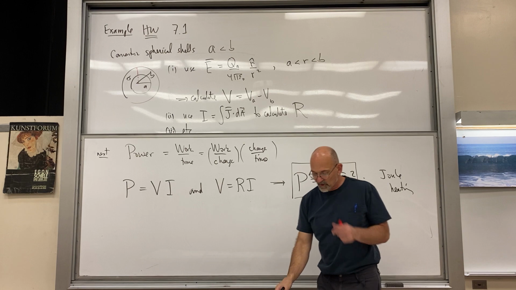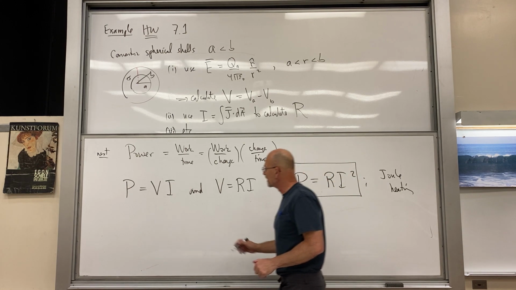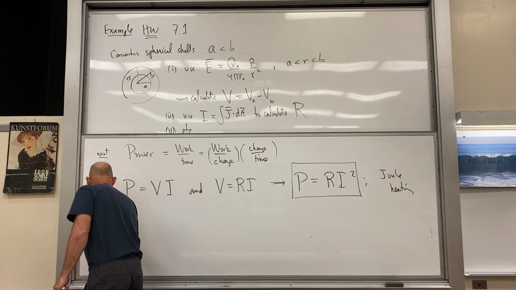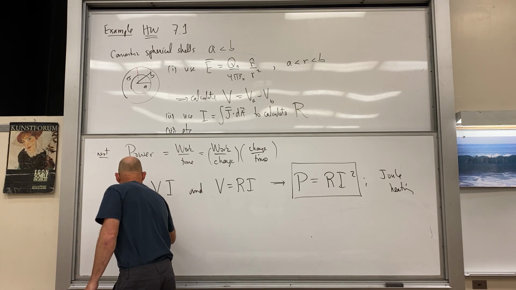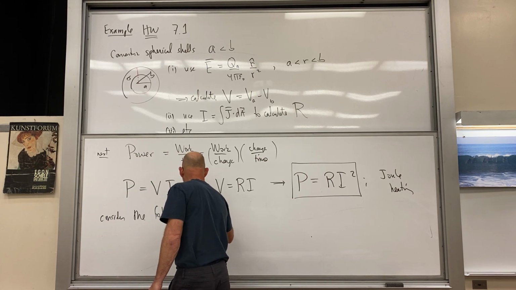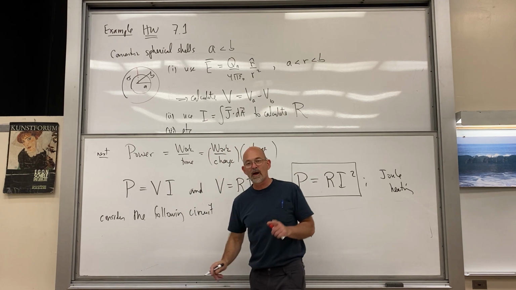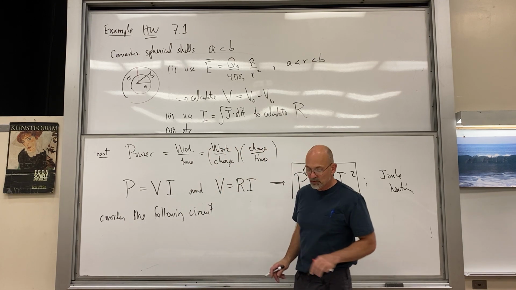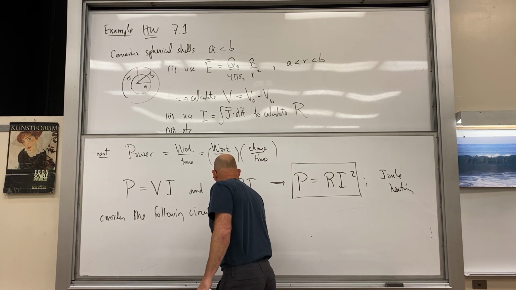And the example we're going to work is a simple circuit. Consider the following circuit. This problem is actually problem 7.2, so 7.1 up there. So I'll even start this up now.